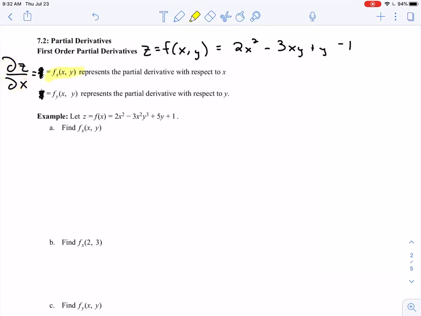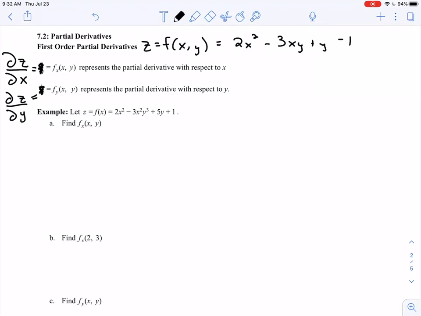I'm going to stick to this notation as much as possible, but just so you're aware, you may see this pop up from time to time. And then similarly for the partial derivative with respect to y, again, we're going to see f sub y of x comma y more often, but you may also see this as del z del y.